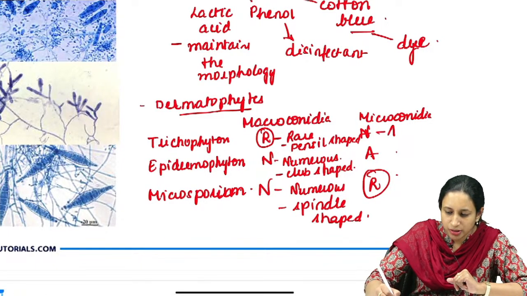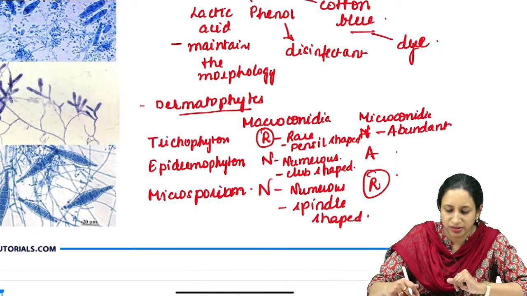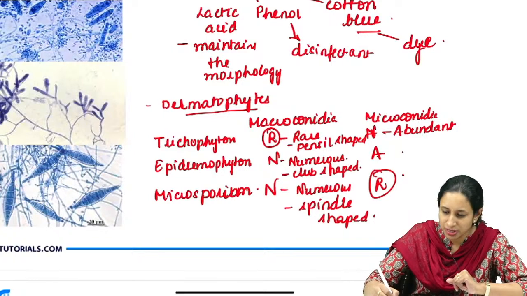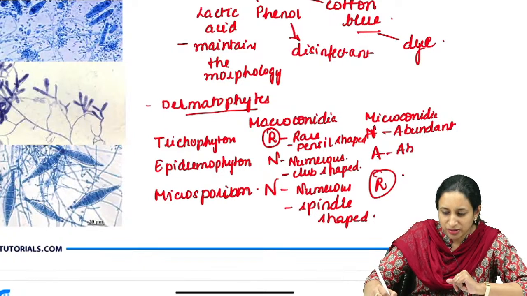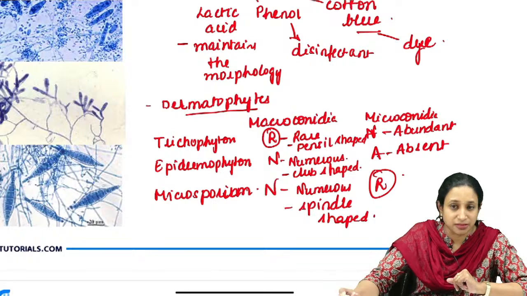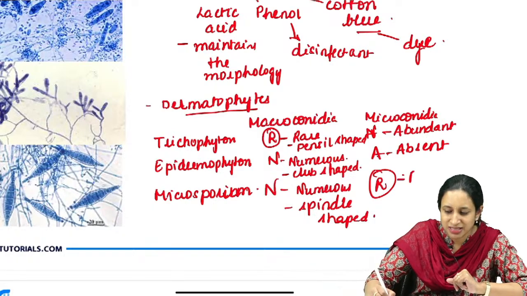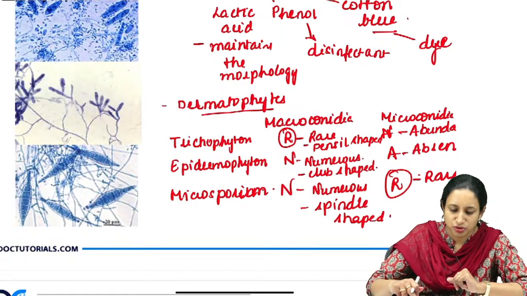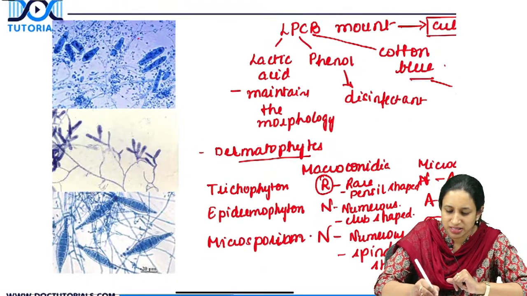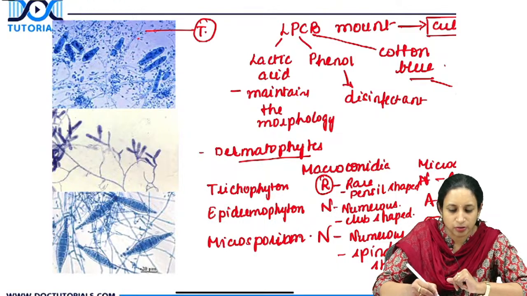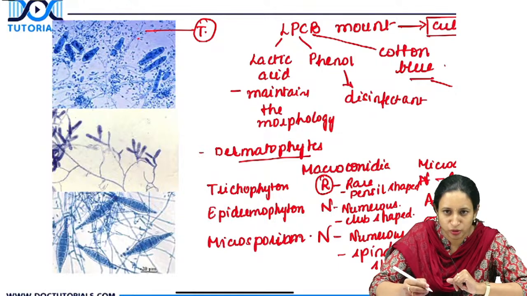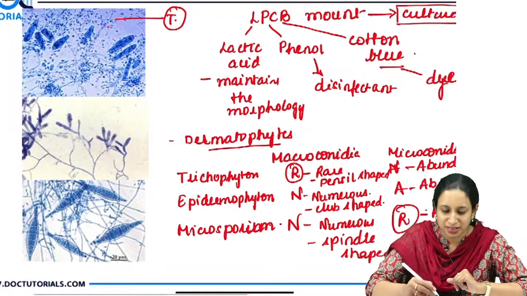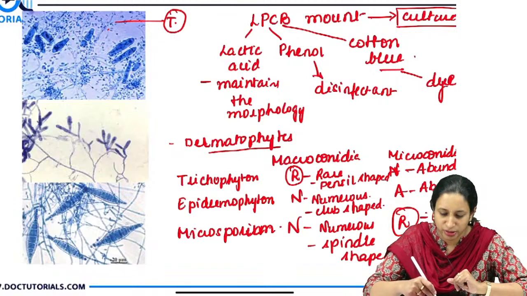A stands for abundant. So you will see abundant microconidia when it comes to Trichophyton species. In Epidermophyton, A stands for absent, whereas R stands for rare. So please remember, and if you can see here, this is a species of Trichophyton. Now it is Trichophyton because you can see abundant microconidia, and you can see pencil shaped macroconidia.